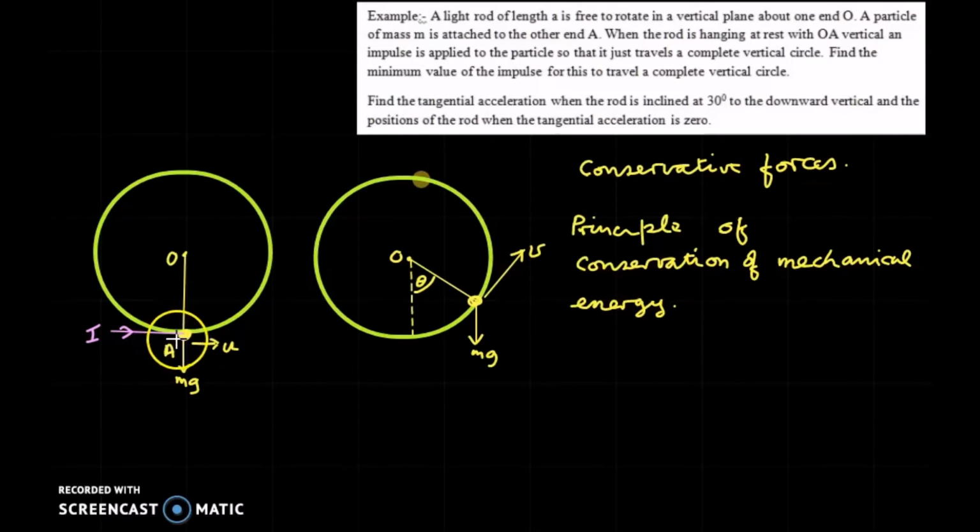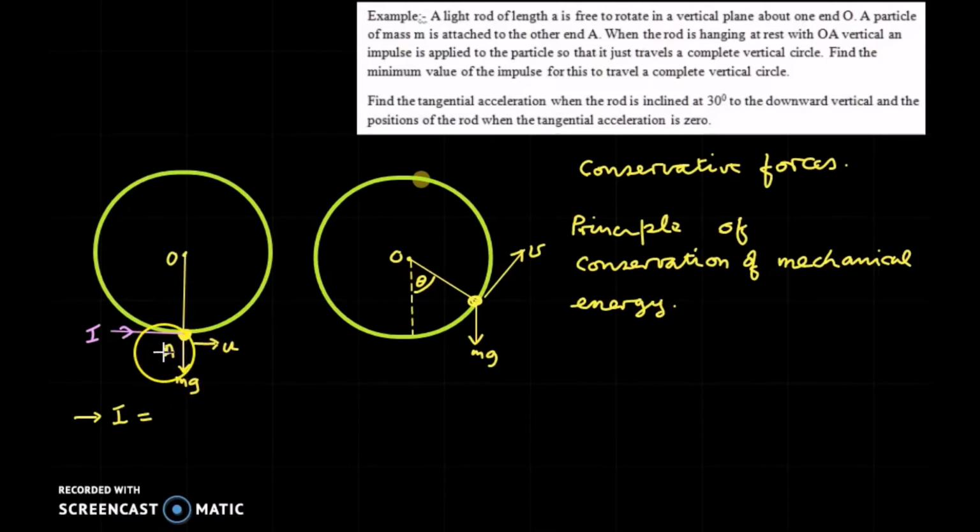First of all, we can apply this equation to the particle, that is, impulse equals change in momentum in the horizontal direction. The impulse is I. Now, what is the change in momentum? Before the impulse, the velocity of the particle is 0. Just after the impulse, the velocity of the particle is u.